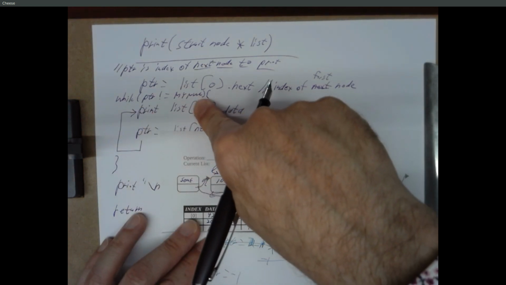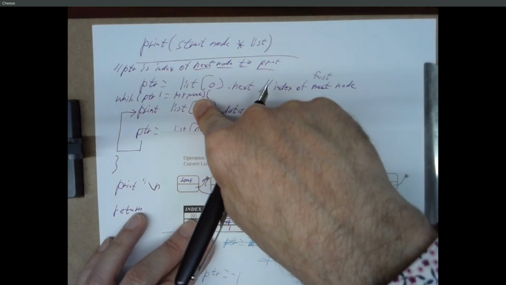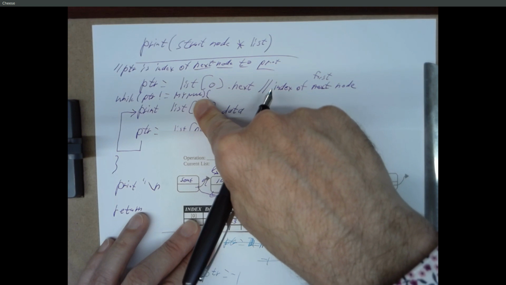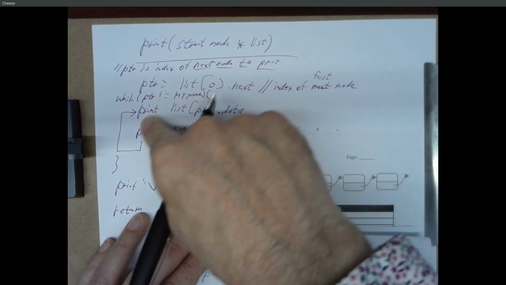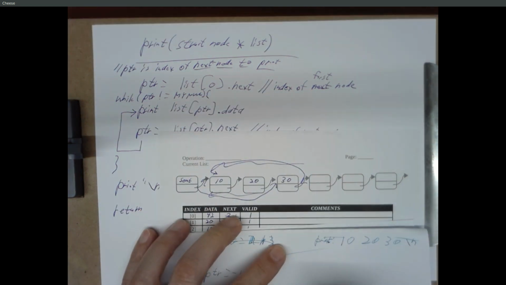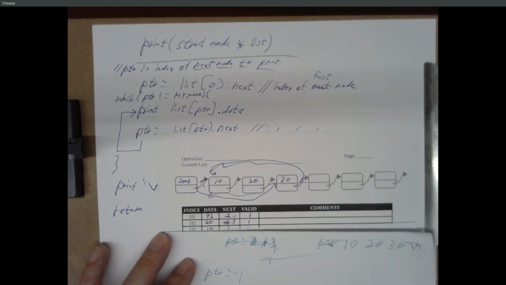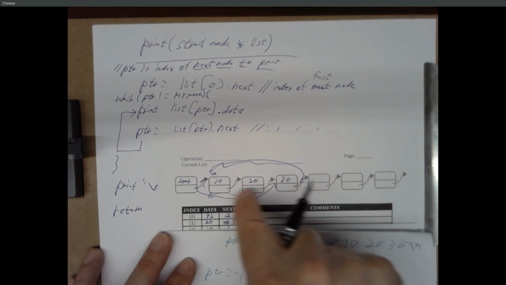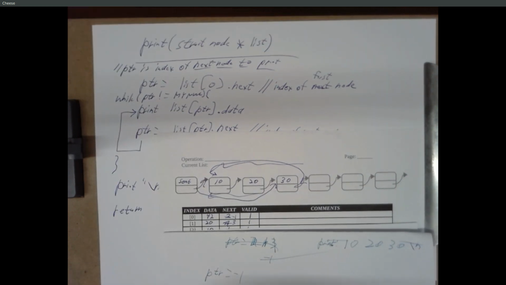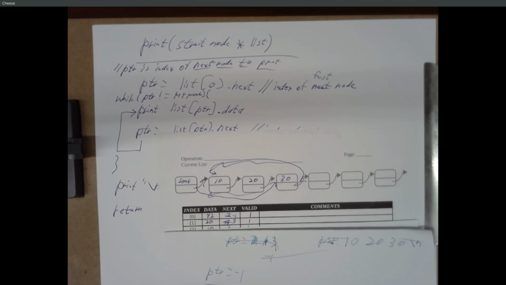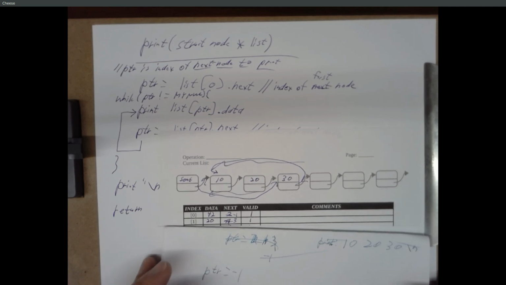While pointer is not my null, pointer is equal to my null, so we're not going to do this while loop. First time through, we're just going to come straight down to the bottom. We're going to print a new line and return. That's exactly what we want. So it works for 3 nodes, works for an empty list. You could try it for 1 node, or believe that this is going to work.